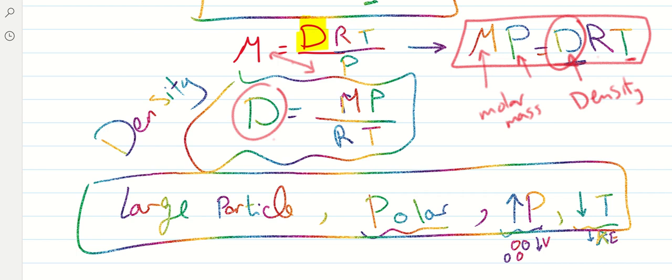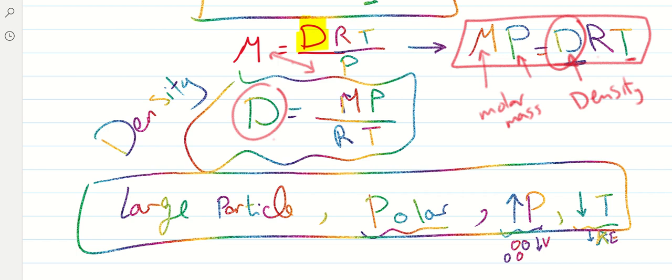Ideal gas says that the volume of the particles is very small. The particles move randomly, and the forces of attraction between particles are very weak, almost no attraction force. The particles fill the container.